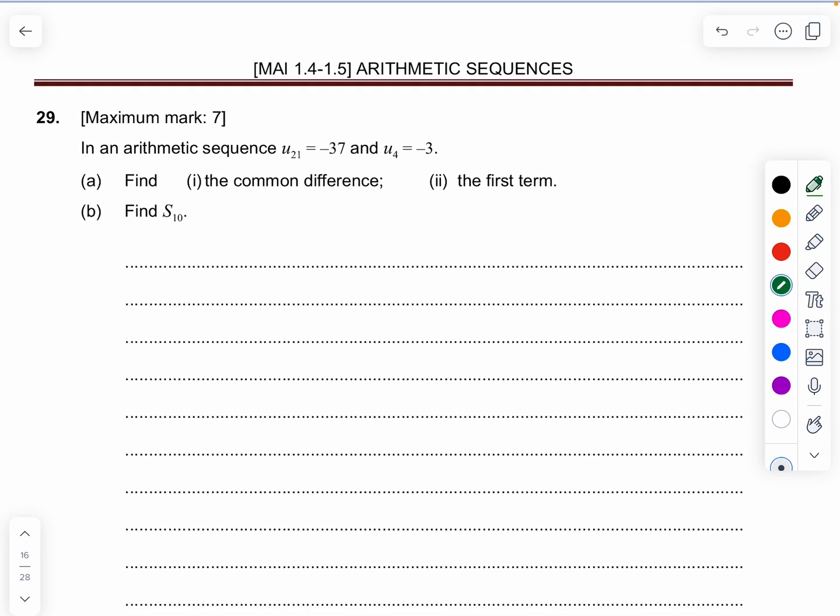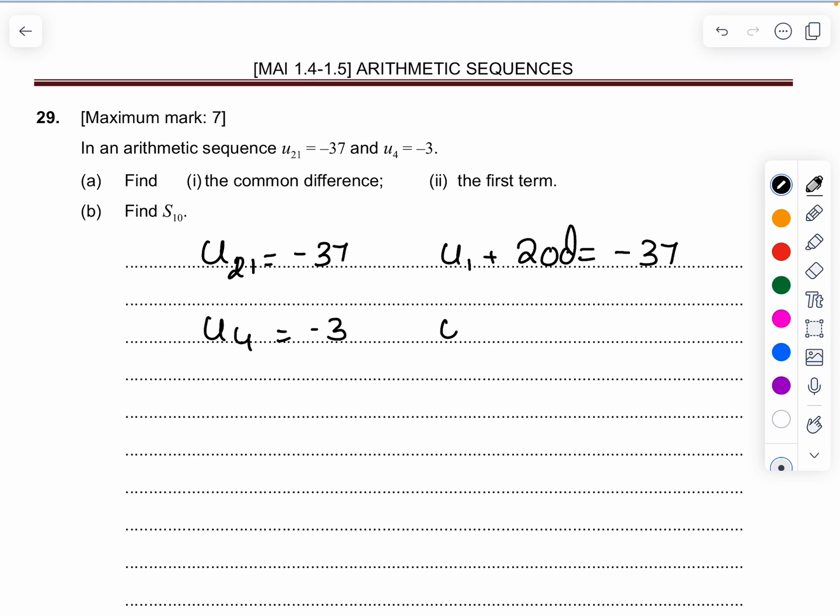Question number 29. In an arithmetic sequence, u21 and u4 are given. Find the common difference and the first term. u21 equals negative 37. u21 means u1 plus 20d equals negative 37. u4 equals negative 3, so u1 plus 3d equals negative 3.